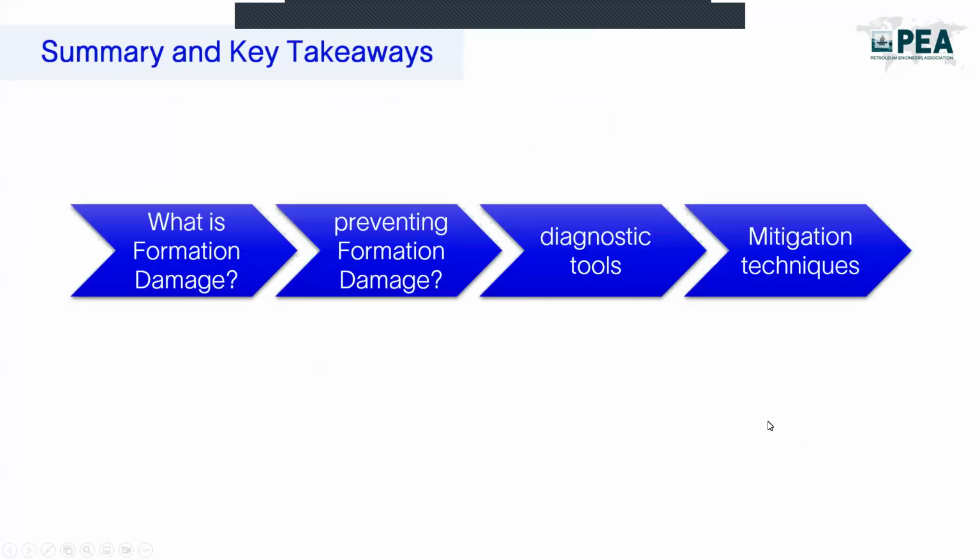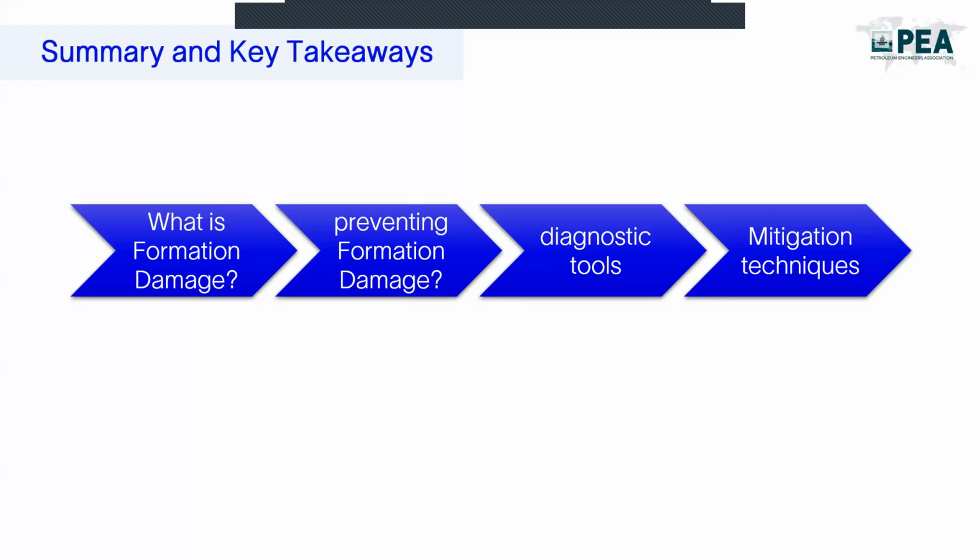So here we have the last slide. I would like to give you some points to take with you when it comes to formation damage. Formation damage refers to the impairment of the reservoir's ability to produce hydrocarbons due to physical or chemical alterations in the rock and fluids, often resulting from drilling, completion, or production activities.